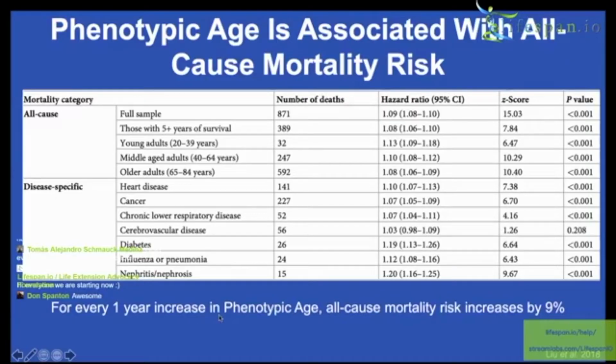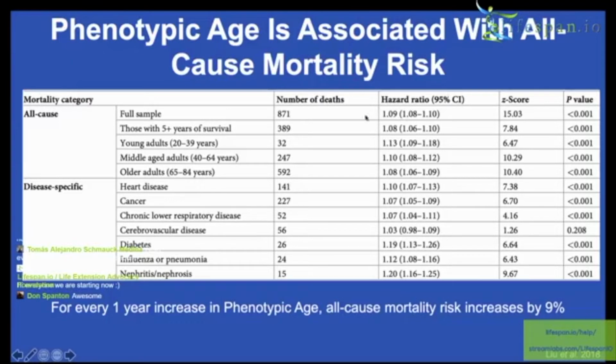So why is it important besides its ability to predict biological age? The combination of those 10 variables is also associated with risk of death from all causes, also known as all-cause mortality risk. For every 1 year increase in phenotypic age, or in your biological age, all-cause mortality risk increases by 9%.